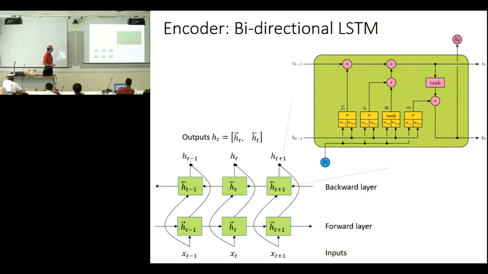That's why we use bidirectional, because this one has information from the beginning up to here, and this one has information from the end back to here. So HT does not have information only from each time point, but also contains global information.